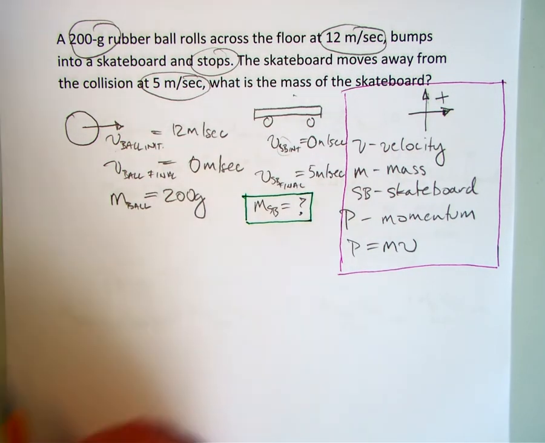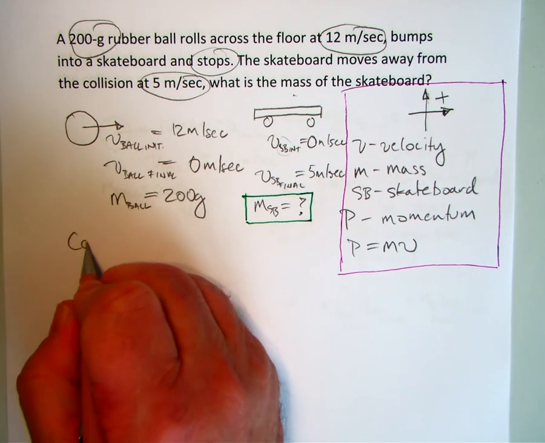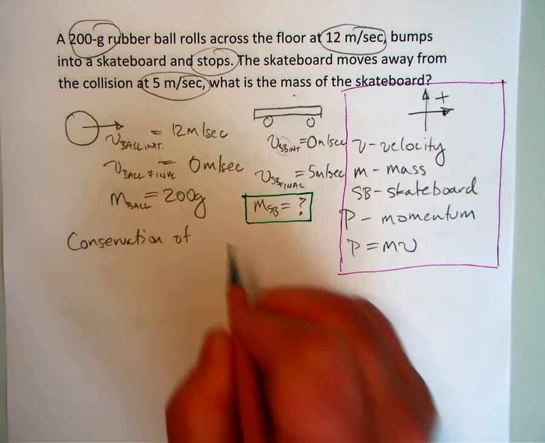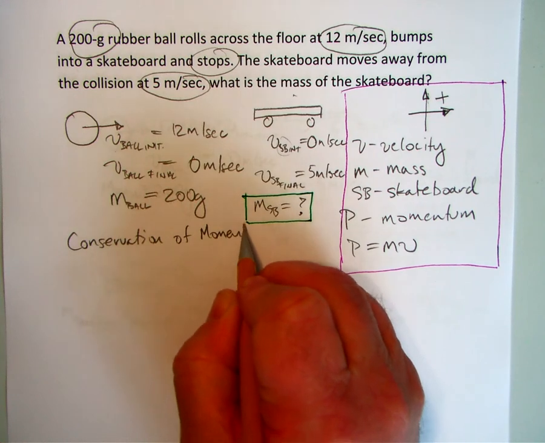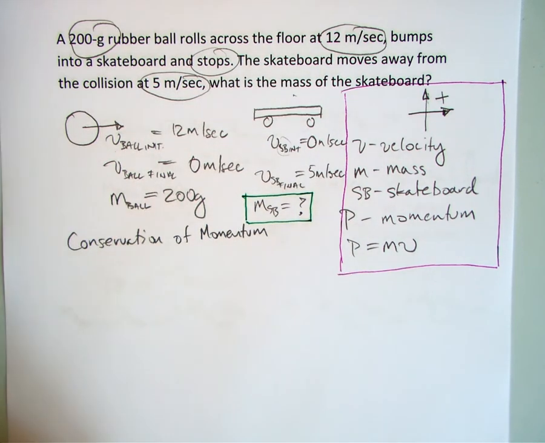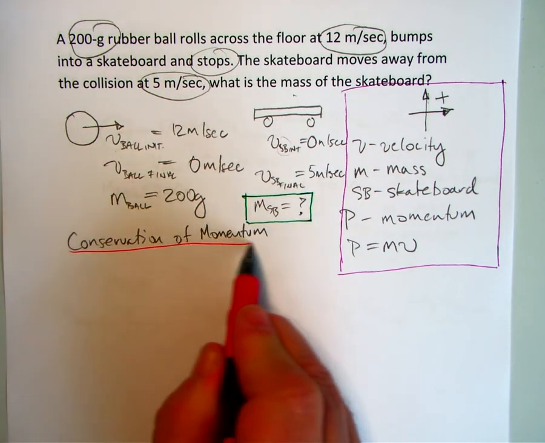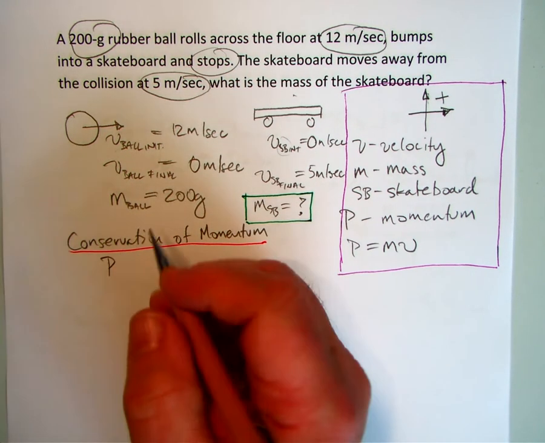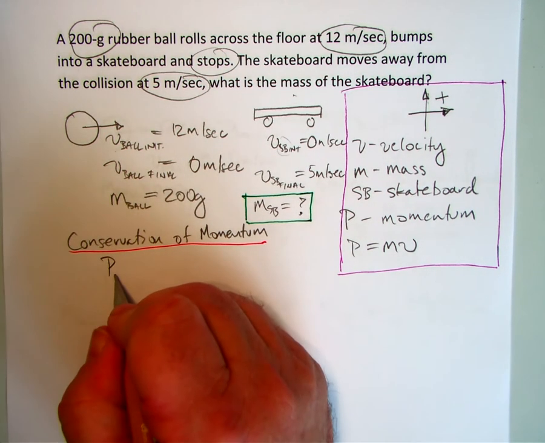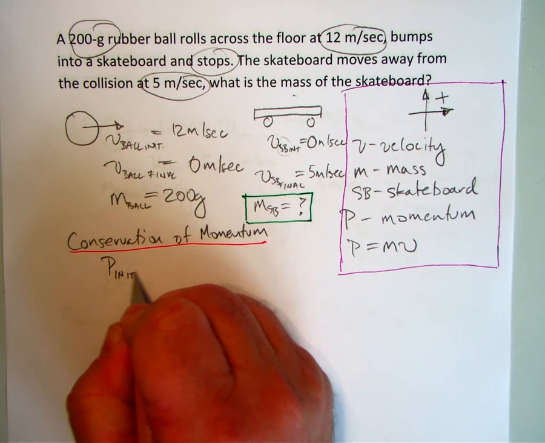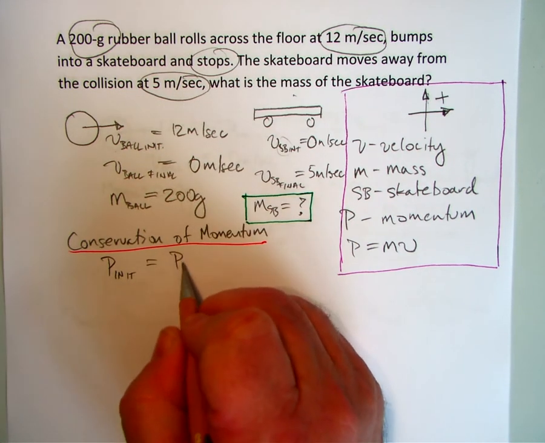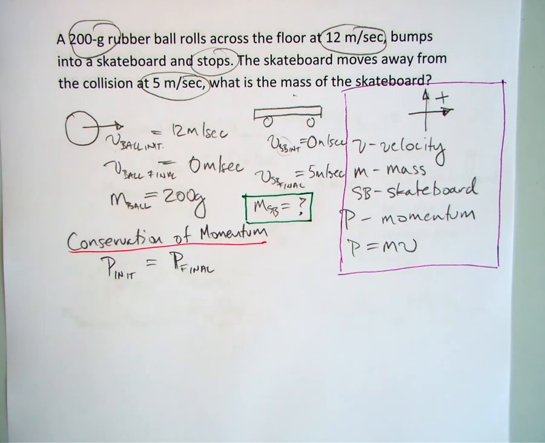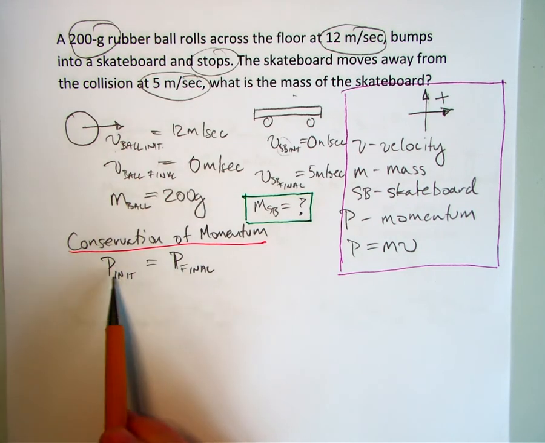Our underlying principle then is the conservation of momentum, and that's very, very important. What that means is that the initial momentum, or the momentum of objects in the system before collision, is equal to the momentum after, or final in this case.